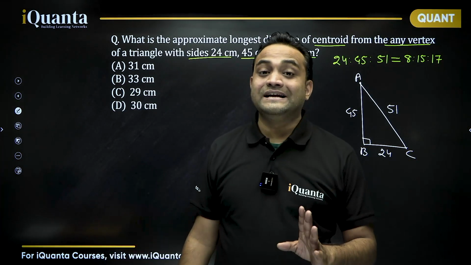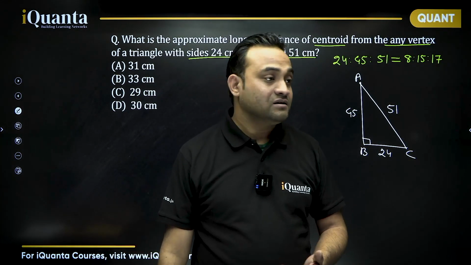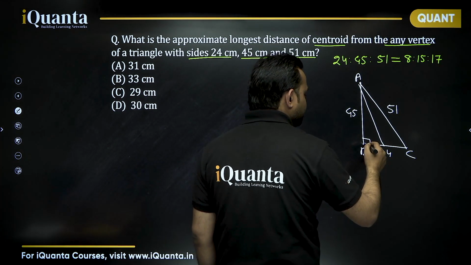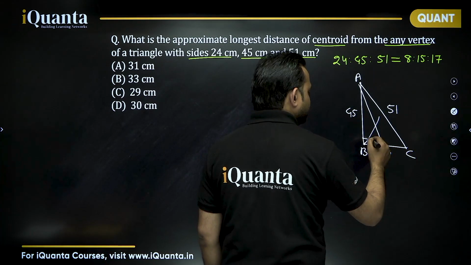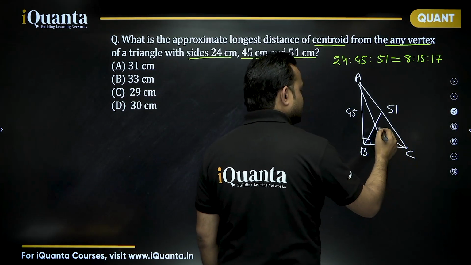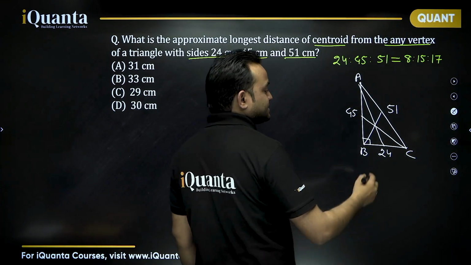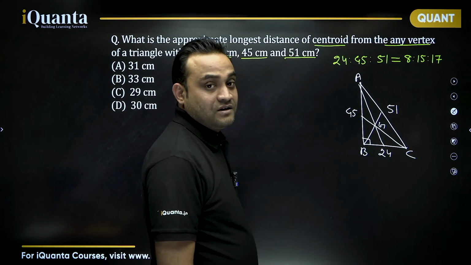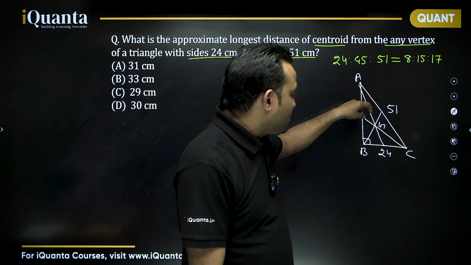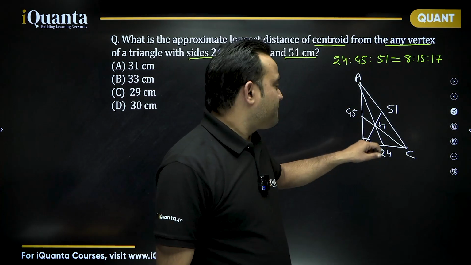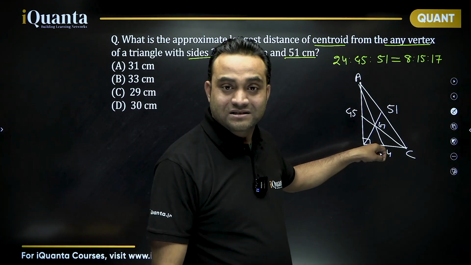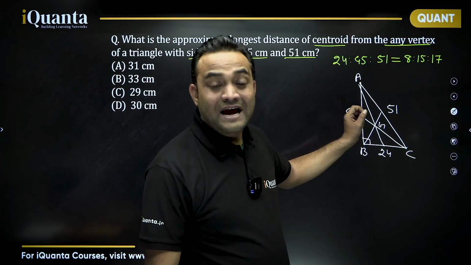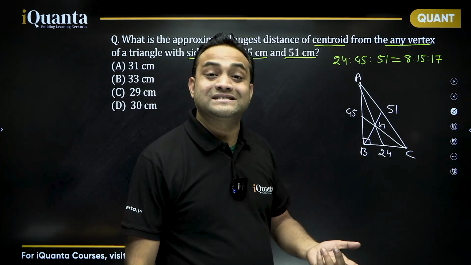The centroid is nothing but the intersection of medians. If we draw the three medians, something like this, these are the three medians, and the intersection of these is known as the centroid G. Now if I want to find the longest distance of the centroid from any vertex, it should be on the longest median, and the longest median will be on the shortest side.